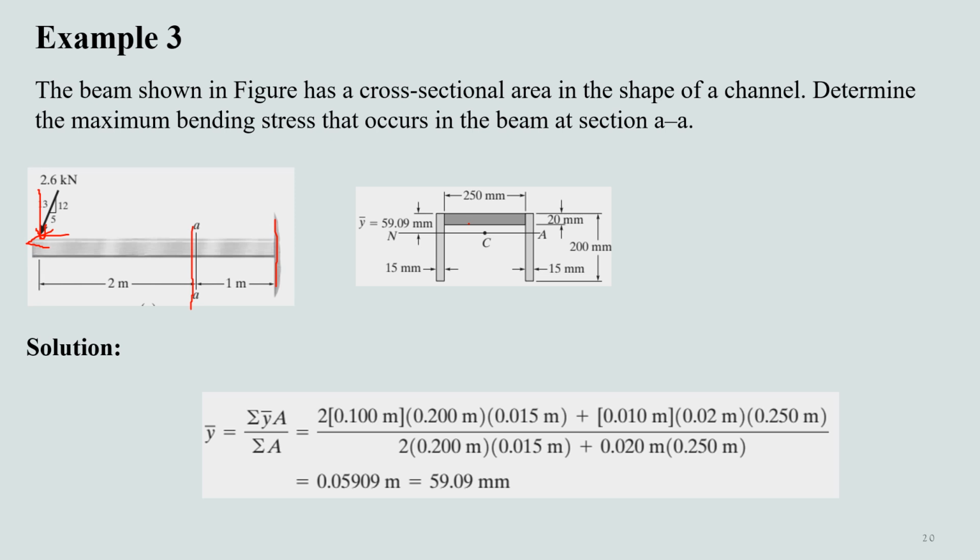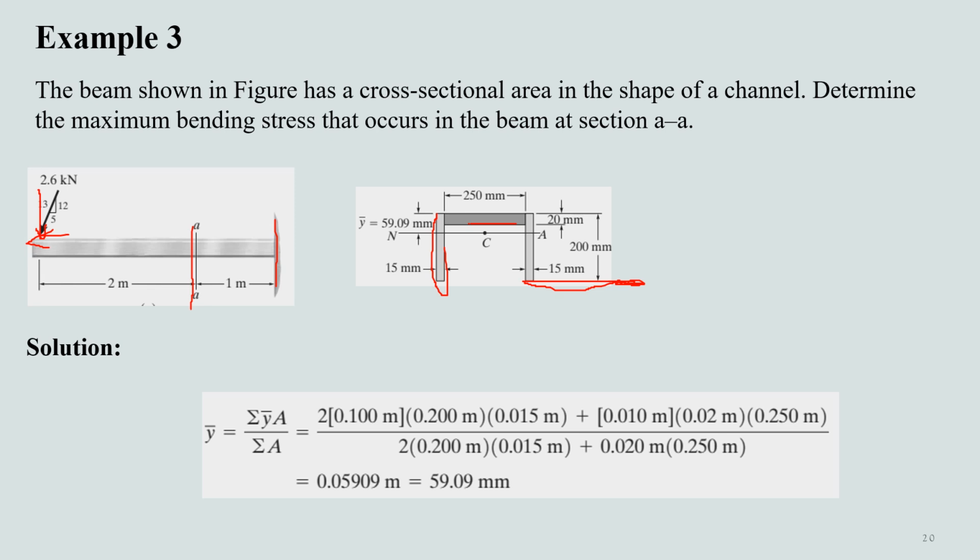We are just considering this first rectangle, this vertical rectangle. Its area is simply 0.015 into 0.2, and its y bar is 100 mm. We are considering the zero location, or the origin, at this bottom location.